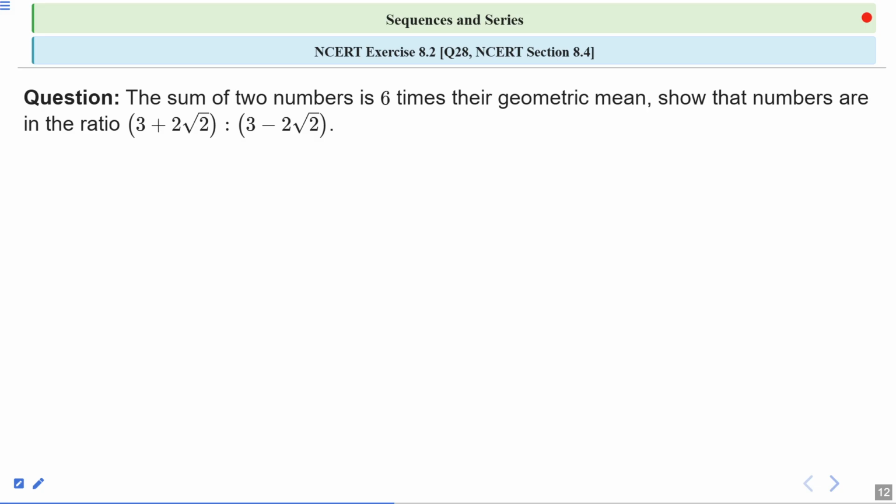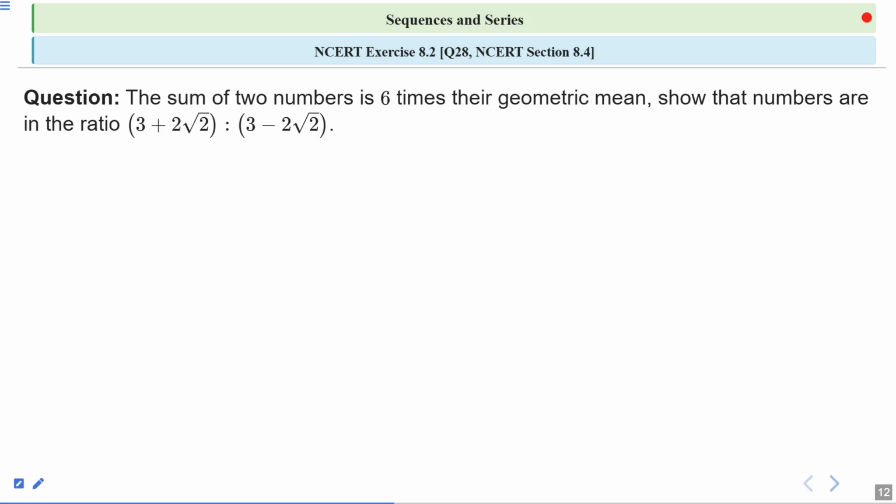So a plus b equals 6 times the square root of ab. Then we have to show that the numbers are in the ratio 3 plus 2 root 2 is to 3 minus 2 root 2.